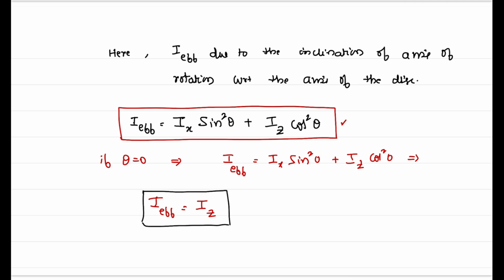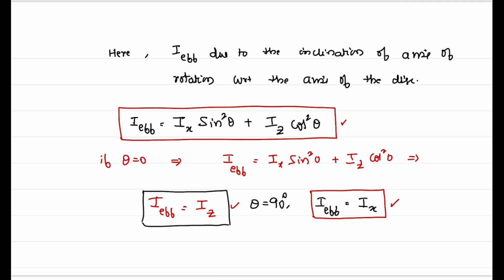If theta is 90, these are all very important derivations. Ix into sin square 90, that is 1, so I effective is equal to Ix. That means if the axis of rotation is perpendicular to the disk axis, then you have to consider Ix. If it is parallel to the disk axis, we have to consider Iz.